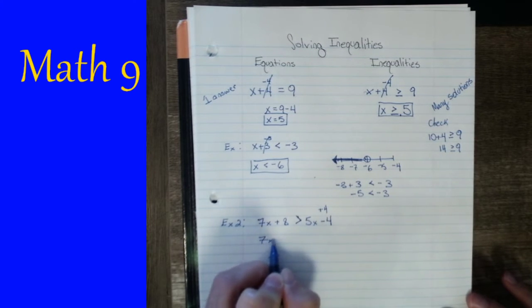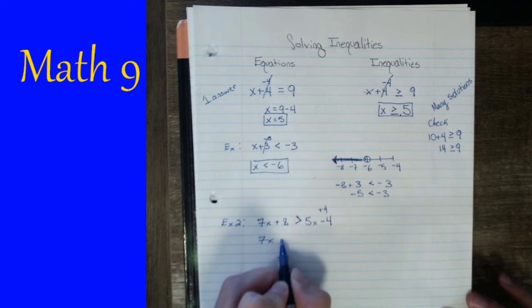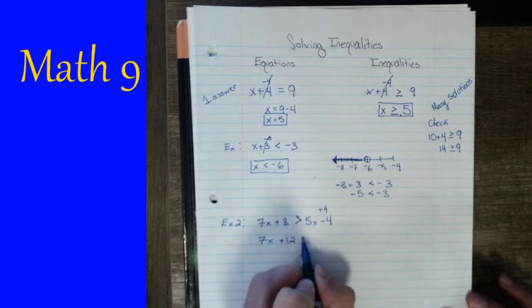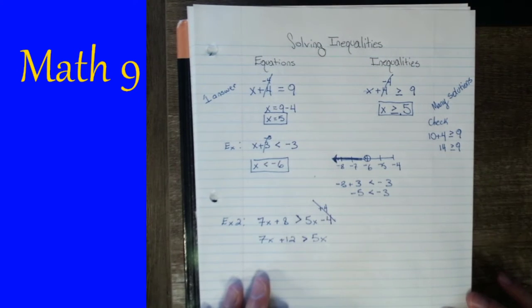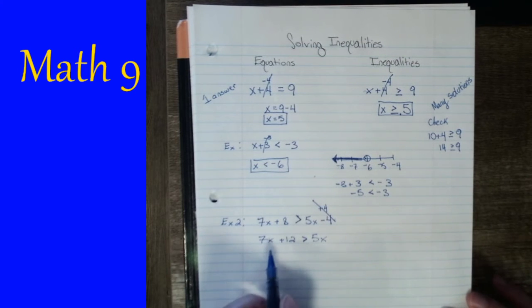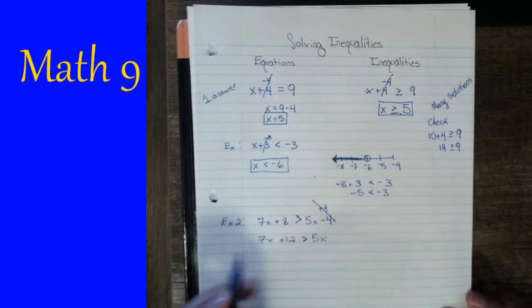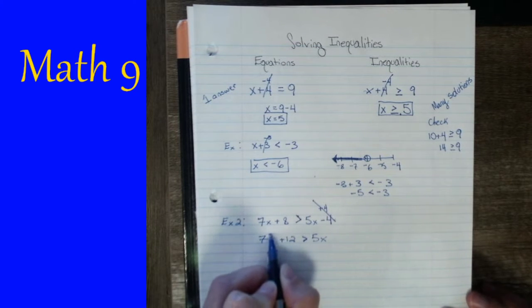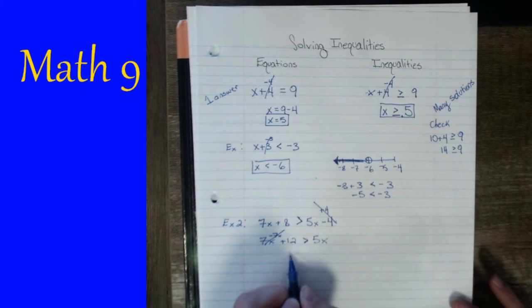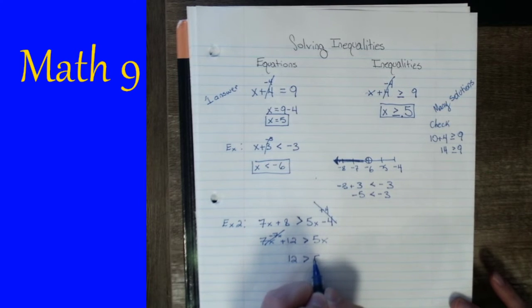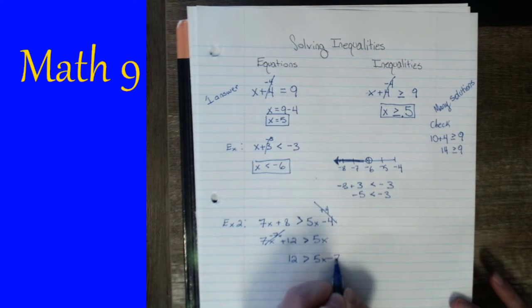So I have 7x plus 8 plus 4, that's plus 12, is greater than 5x. Next up, I will subtract 7x from both sides, to leave me with 12 is greater than 5x subtract 7x. Okay, so 12 is greater than negative 2x.